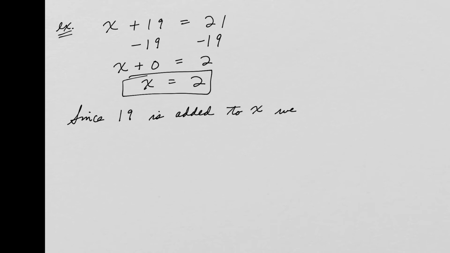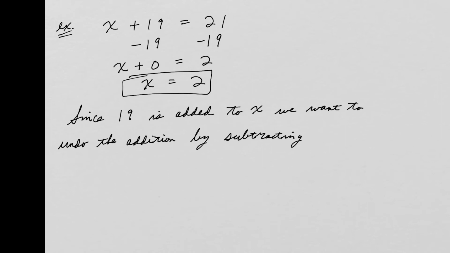So we want to undo the addition by subtracting 19. But whatever we do to one side, we must do to the other side. So whatever operation we do to one side, we have to do the same thing to the other side.